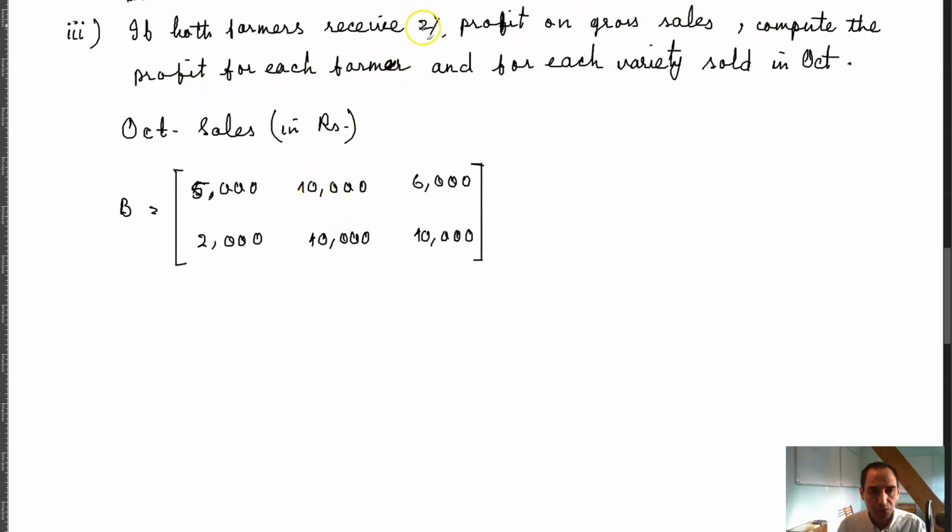So for the profit, you just need to calculate 2% of, for example, 5,000 or 2% of 10,000.